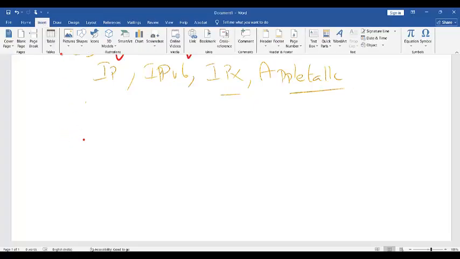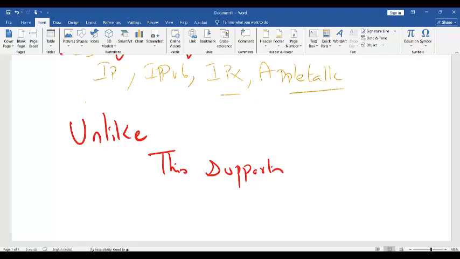Unlike all other routing protocols, this supports unequal cost load balancing.